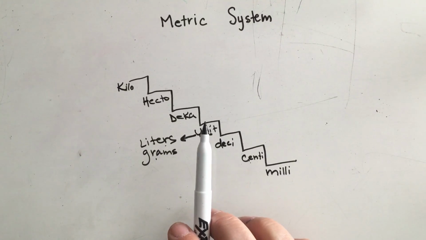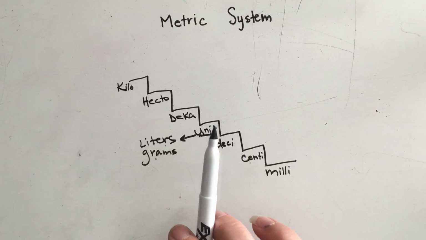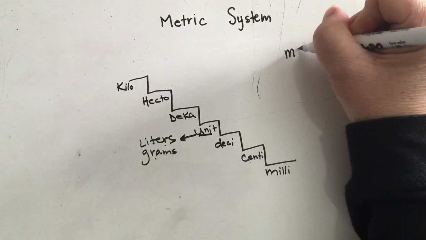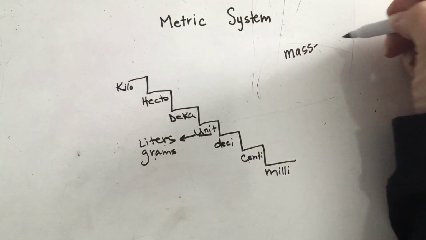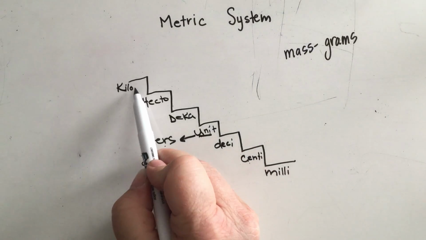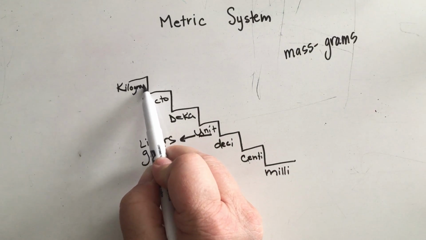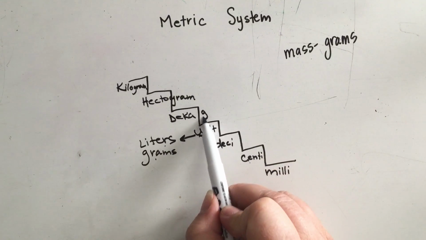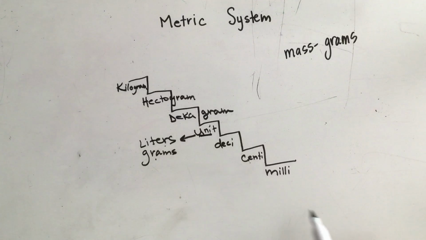When we are measuring mass, we are using grams. So we would have a kilogram, hectogram, decagram, and so on.